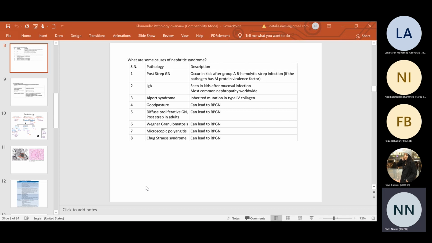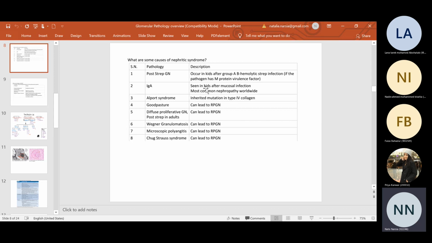Now, next one, guys, is immunoglobulin A nephropathy. Immunoglobulin A nephropathy, guys, you should find in kids. Okay, in adults you usually don't find it. And what is it? Mucosal IgA, this is important. Seen in kids after mucosal infection.